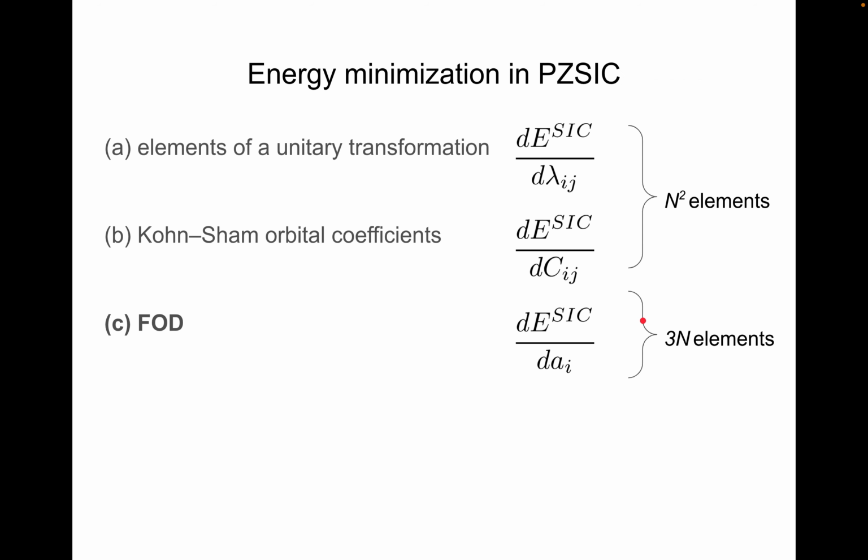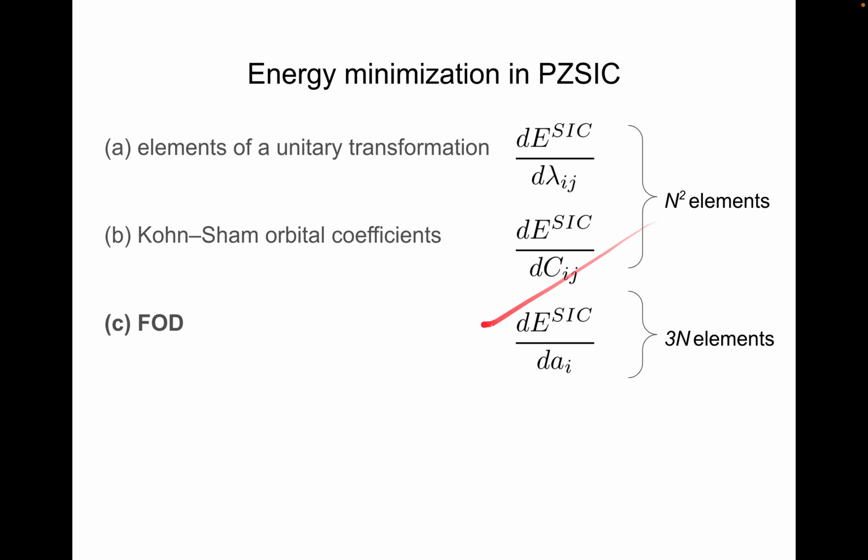Now, another way of comparing the different approaches for the PZSIC is how you minimize the PZSIC energy. In the case of the localization equation, you are minimizing the energy with respect to the elements of a unitary transformation, the lambda ij here. Alternatively, you could also minimize the energy with respect to the Kohn-Sham orbital coefficients. In either of those two cases, you are tuning the N squared elements, where N is the number of electrons.